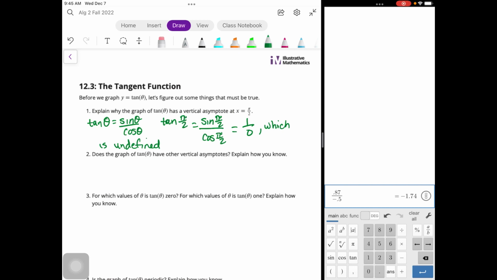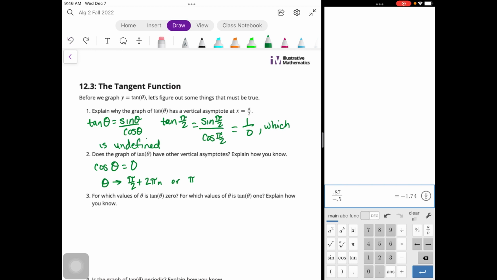Does the graph of tangent of theta have other vertical asymptotes? So we know pi over 2, but where else is cosine equal to 0, right? What values of theta give 0? Well, cosine is 0 when you have pi over 2 plus any of those full rotations, but also 3 pi over 2, I should say.